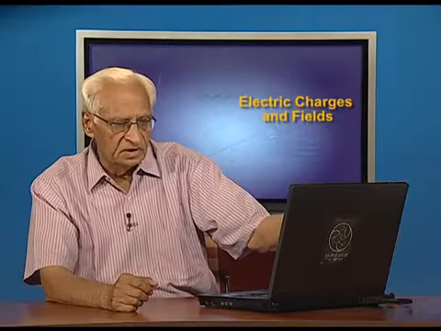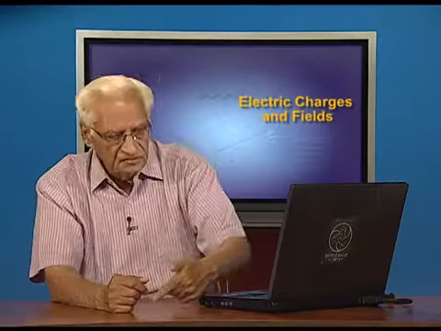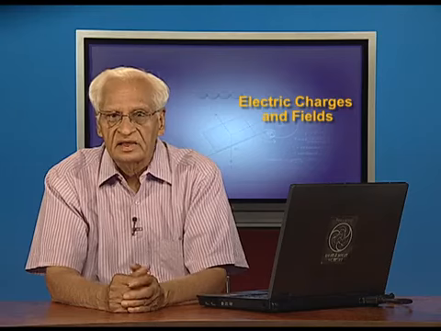Now, take another example. We have a surface which is curved, and on this curved surface we choose a small elemental area dS. The normal to this makes an angle theta with the electric field through this elemental area.